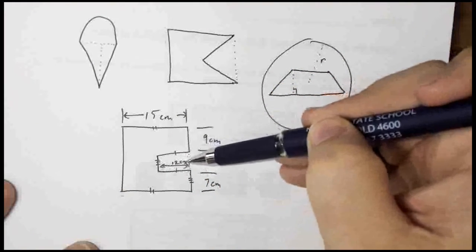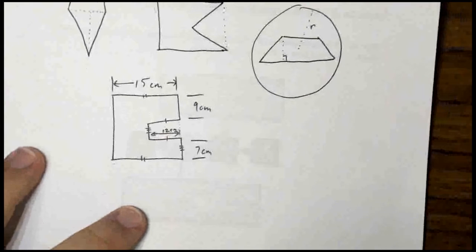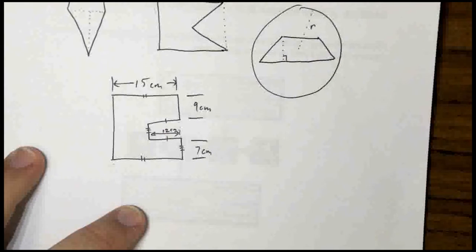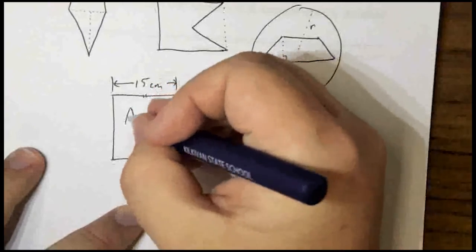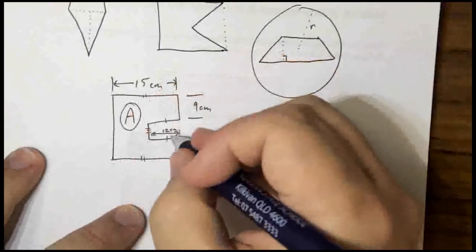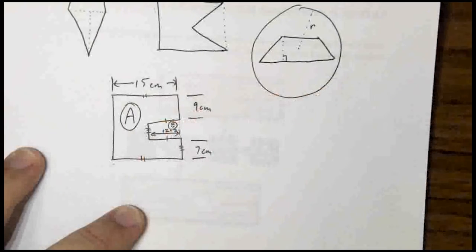Right? The way that I would work this out, and I'll work this out so I can show you, is I would actually give each of these shapes a name. For example, the big rectangle, I'm going to call that A, shape A. For the little one, I'm going to call that shape B. Okay, so I have my 2 shapes.